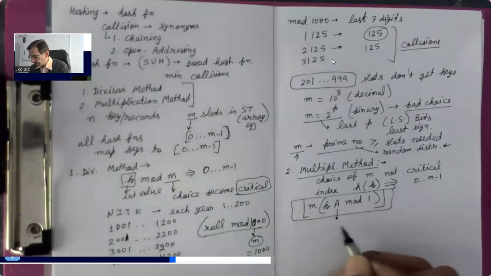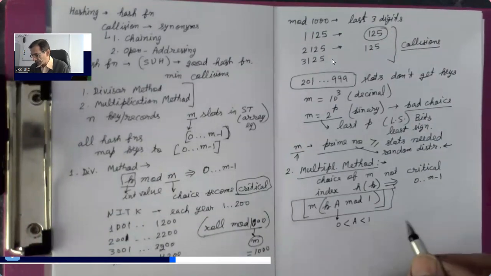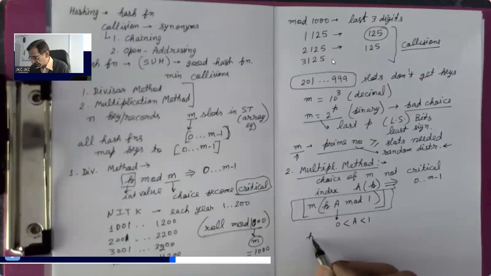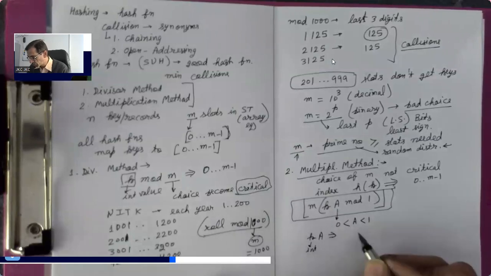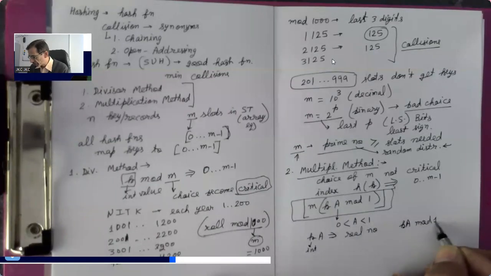So what is A? It is a value between 0 and 1. The purpose of all this is that K times A, even if K is an integer, multiplied by some A, will lead to some real number. And K A mod 1 will give its fractional part only.